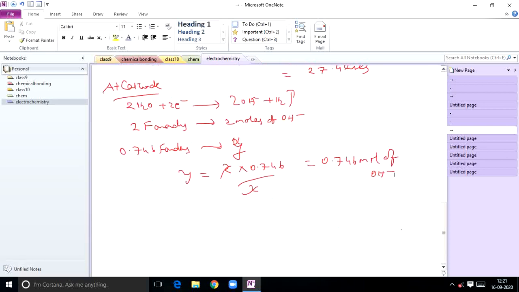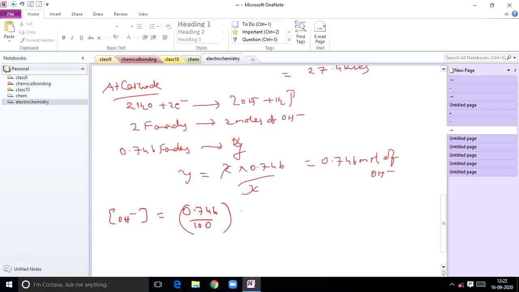Then if you calculate concentration of OH minus, for NaOH anything is same, normality equal to molarity. So concentration, you apply the molarity formula.